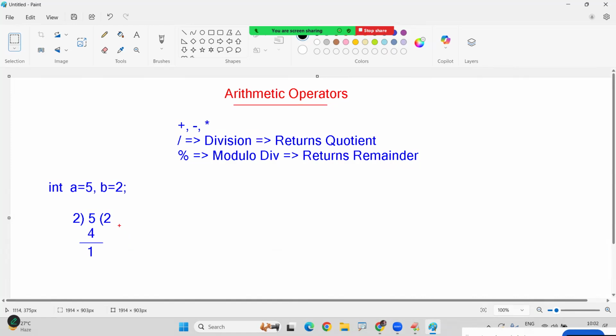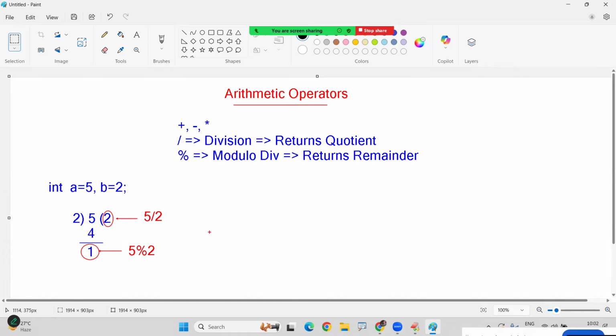Quotient means what? When we use 5 divided by 2, it gives the quotient. Quotient is 2. When we use 5 mod 2, it will give the remainder. This is the remainder and this is the quotient.